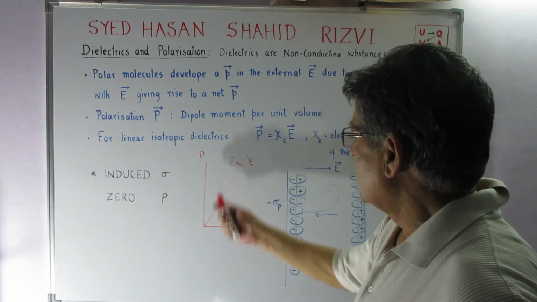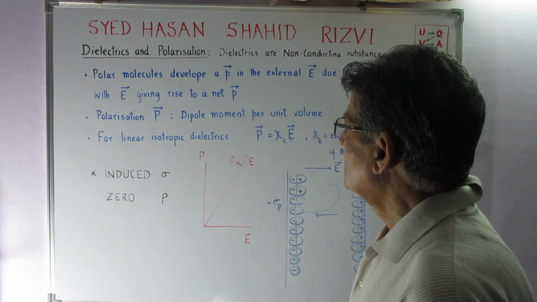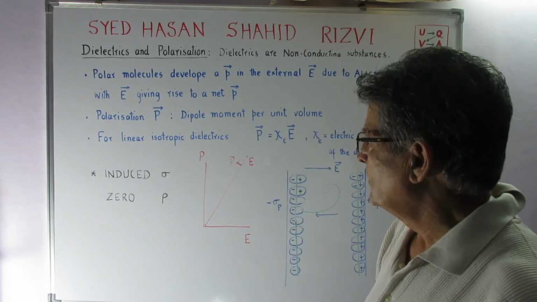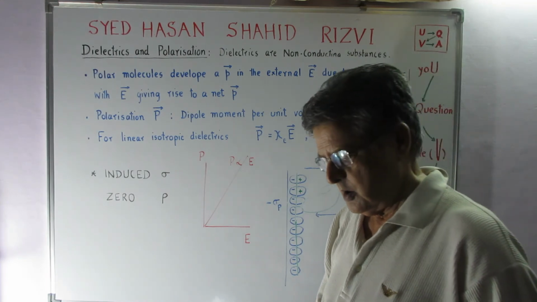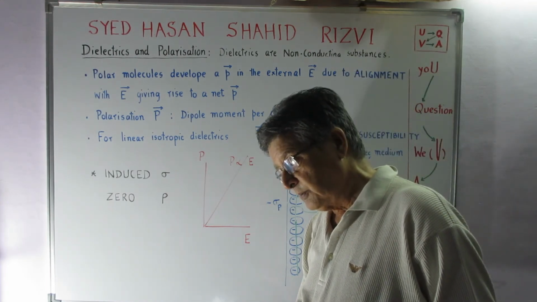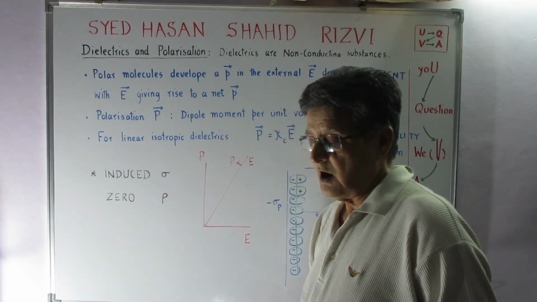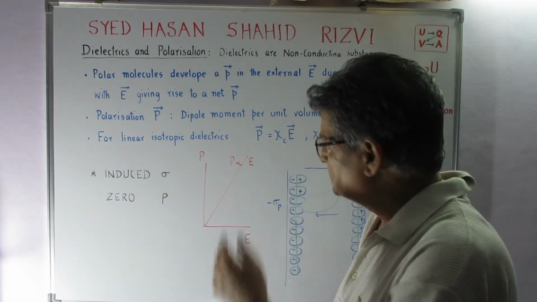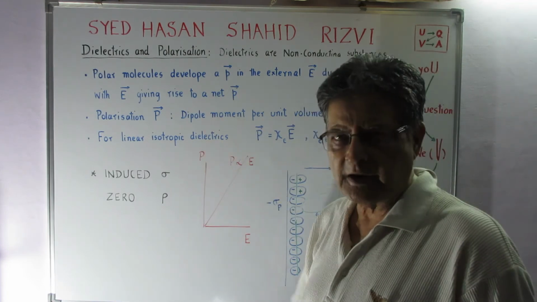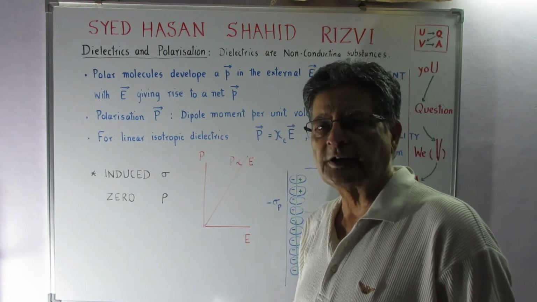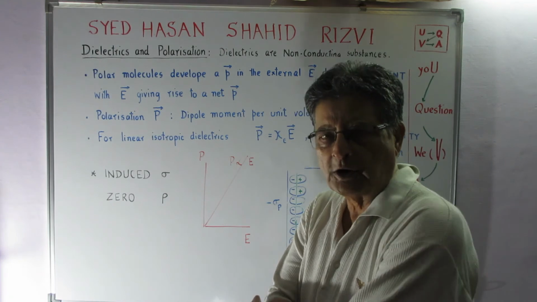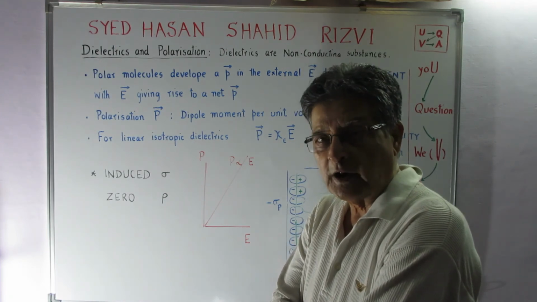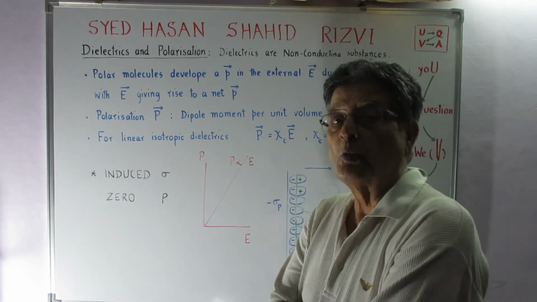We talked about the dipole moment that develops because of polarization, and also the dipole moment which exists as a permanent dipole moment in certain molecules like water, and the most interesting thing is water.